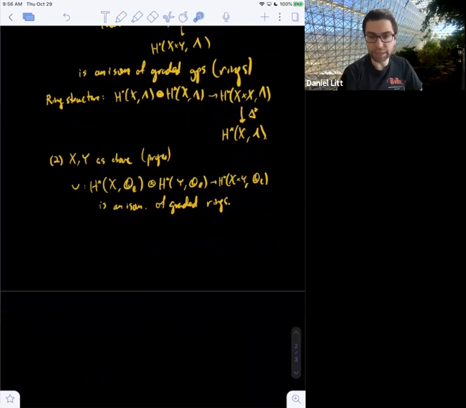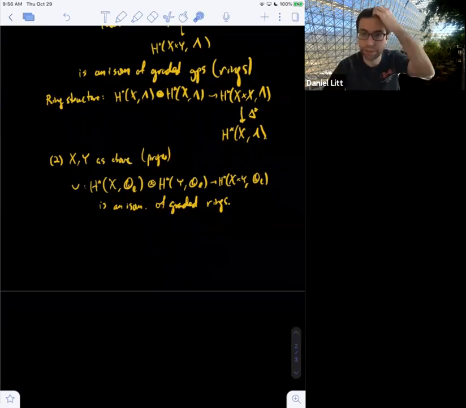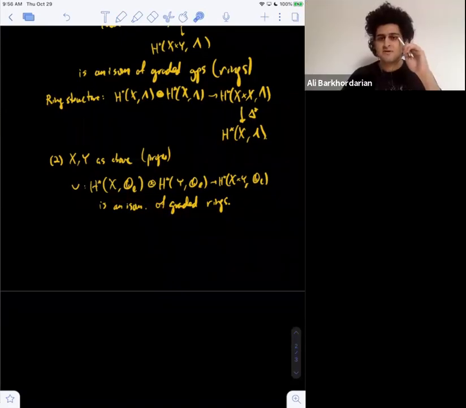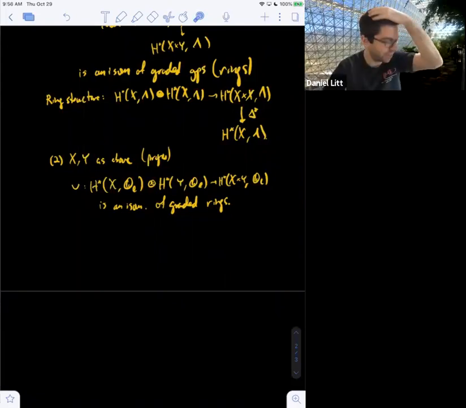Ultimately, for applications to point counting and the Weil conjectures, I really like these sorts of integral situations, like thinking about the integral structure on analytic homology.